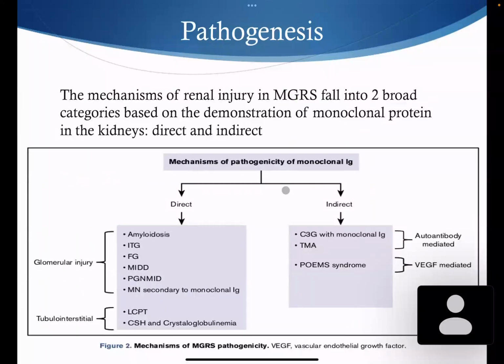And the mechanism of injury in the MGRS can be, as Wesam alluded, direct or indirect. And the direct can be organized or not organized, and it can be classified further whether this is tubulointerstitial, like LCDD and LCPT and cryoglobulinemia, or it can be glomerular with a different type of glomerular affection, or it could be something different, which is indirect through activation of the alternative complement pathway, like the C3 glomerulopathy or the TMA, or activation of the vascular endothelial growth factor, which is the POEMS syndrome.